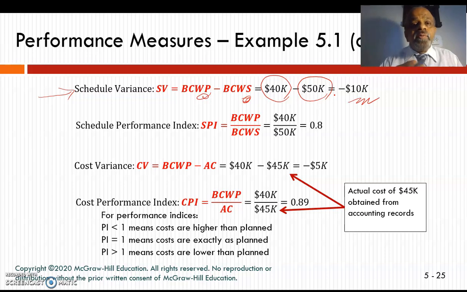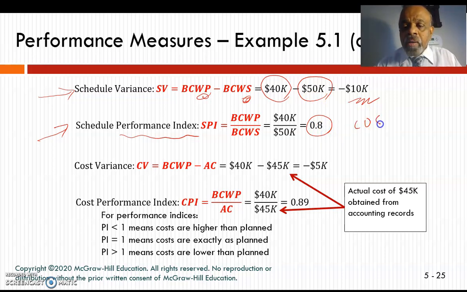And we can confirm this by actually calculating the schedule performance index. The performance index of scheduling gives you a much better way of looking into things, because if it is less than 1, then your cost is high.